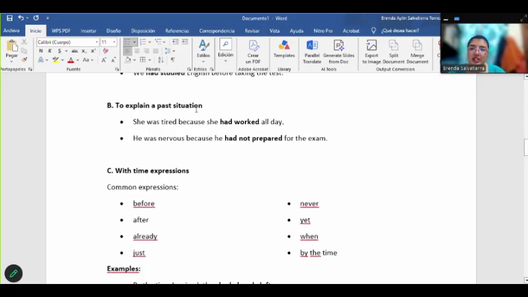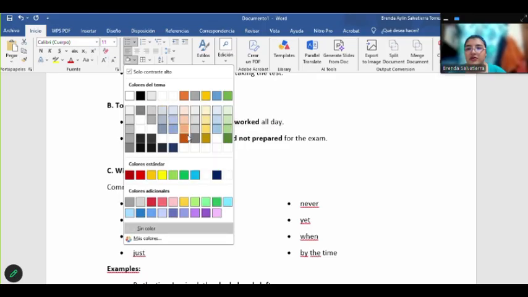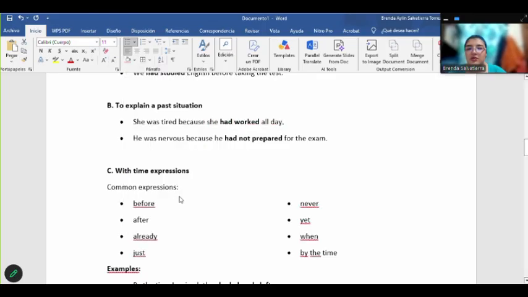To explain a past situation, okay? She was tired because she had worked all day. Still, this action happened before, okay? I'm gonna put it in another color, maybe pink. Okay, this happened first.